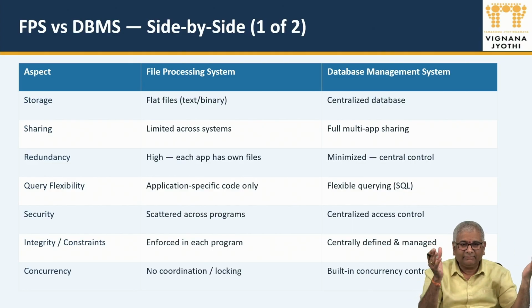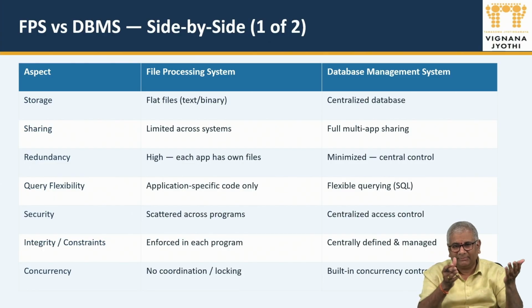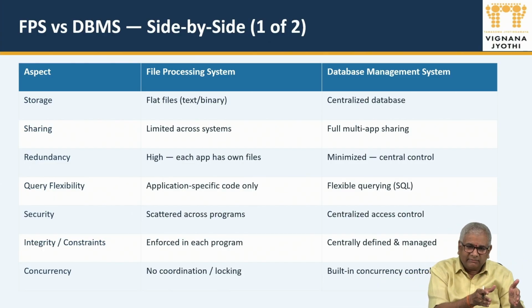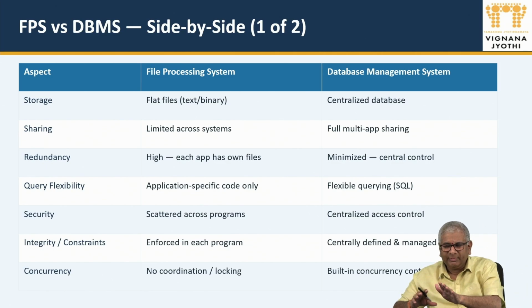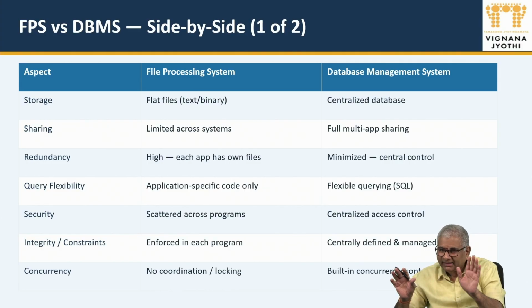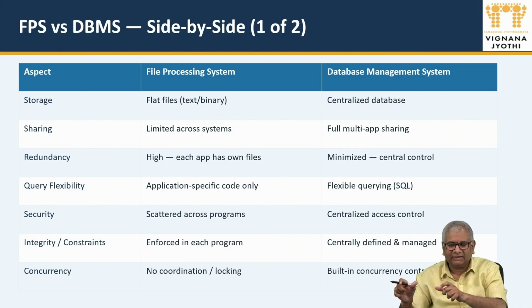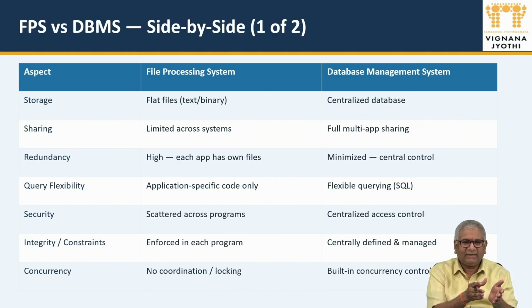Redundancy: high in file processing system, minimized in central control. Query flexibility: in applications, whenever you want a new query or a new program. In DBMS, you may have to write something sometimes, but you don't need to write a big code, right? You just need to fill in the blanks. Most of the stuff is there, just fill in the blanks. So that is query flexibility.